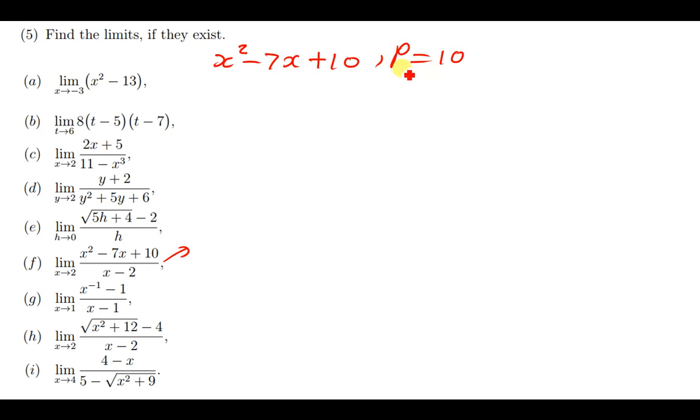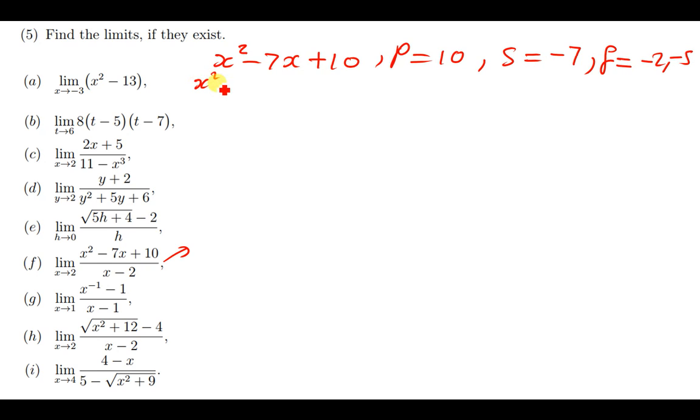Then the sum is negative 7. So what are the factors? Let's find numbers that if we multiply them they'll give us 10, and if we add them they'll give us negative 7. I think these numbers are negative 2 and negative 5. When you add these two numbers we get negative 7, and when we multiply them we're getting 10. So let's replace them there.